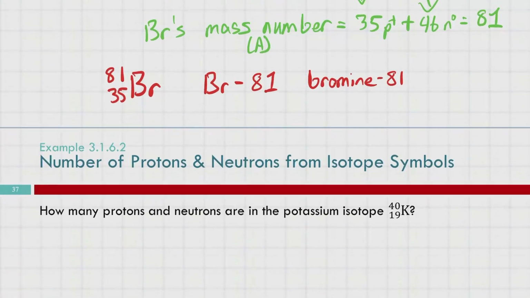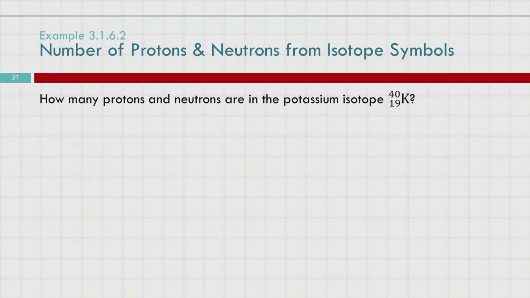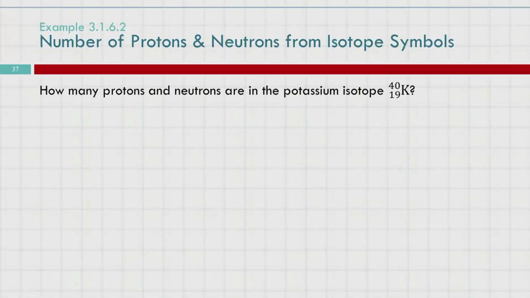All right, working the other direction. How many protons and how many neutrons are in the potassium isotope given here? We have 19 protons. The protons is the easy one.